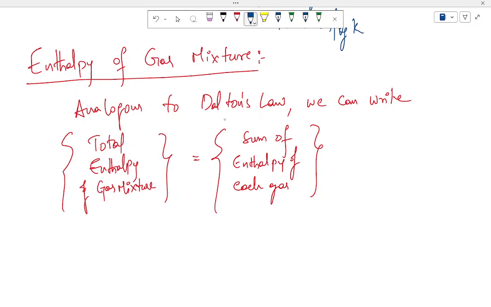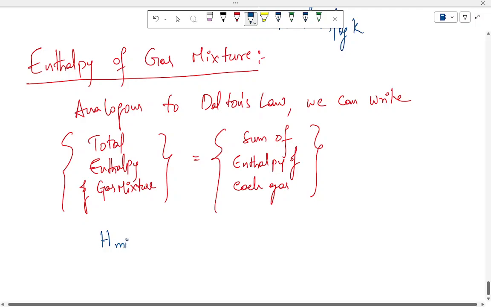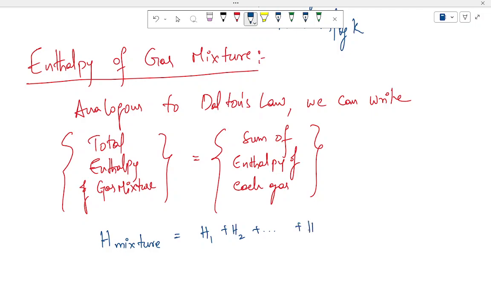So if I put that mathematically, that will become H of the mixture will be equal to H1 plus H2 plus so on plus Hc. This being measured in terms of kilojoules.